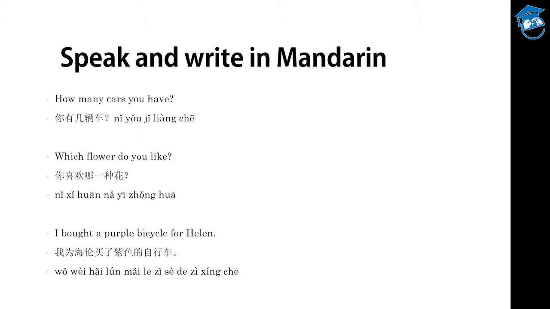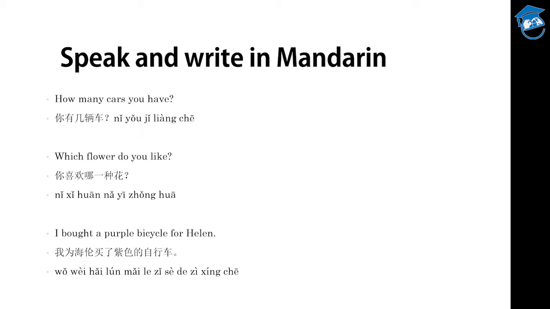Okay, so as for Helen it is the description, so it is placed right in front of the verb 买了. So if you want to say for Helen, it has to be placed in front of the verb 买了 in Chinese. Alright? So the whole sentence is 我为海伦买了紫色的自行车. Okay?